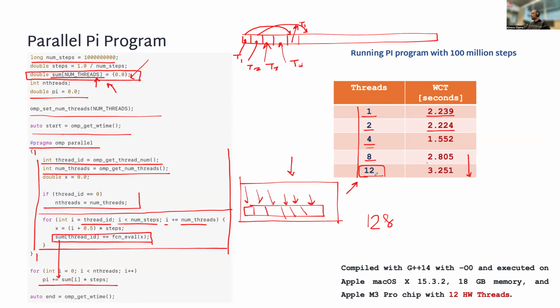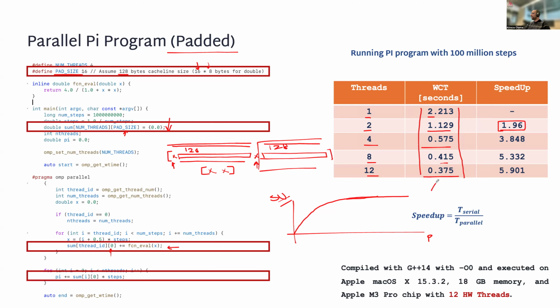In the previous slide, you see that for 12 threads, we have spent 3 seconds, but now we have spent 0.3 seconds. So it's a quite good speed up in the performance. All right, so this is how we can avoid false sharing in this numerical integration problem.